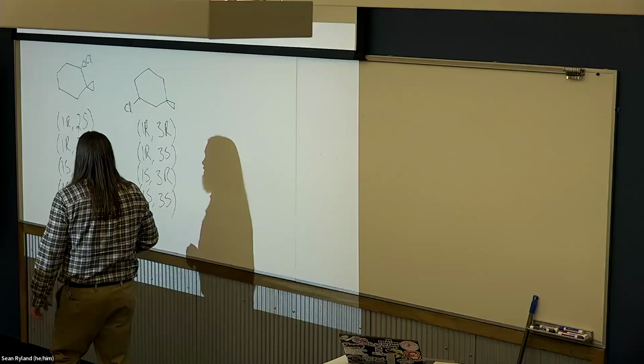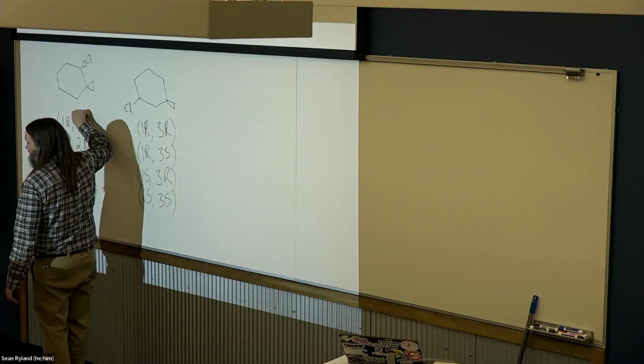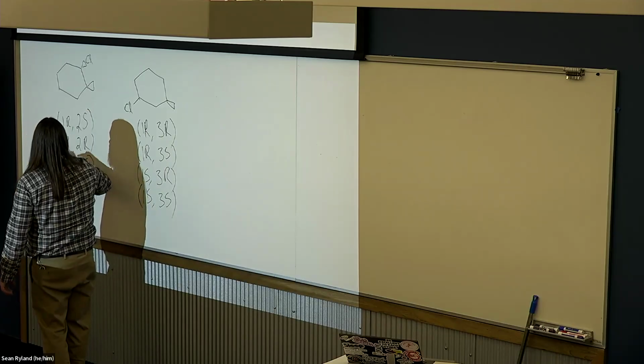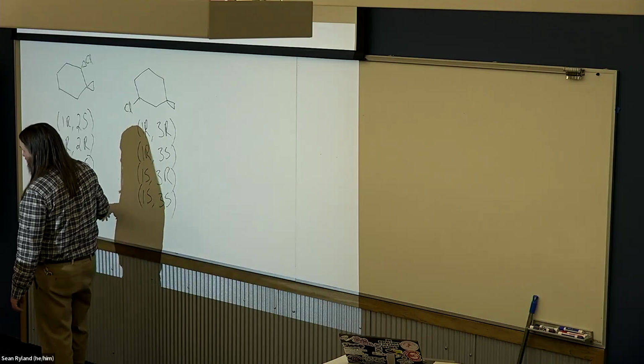So if you're gonna think about it in terms of cis and trans, you have to think about it in terms of both of these carbons. If you're just gonna look at it in terms of R versus S, this covers the cis trans isomers.